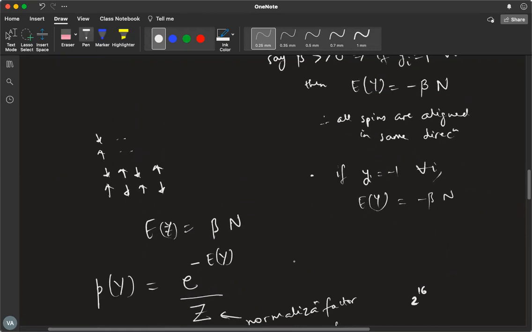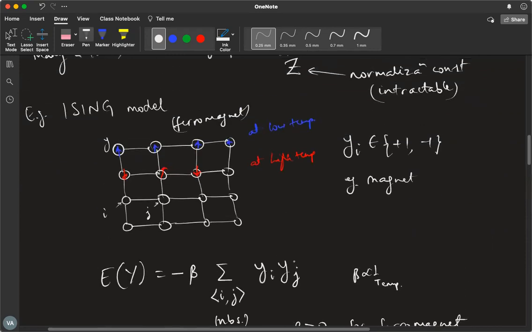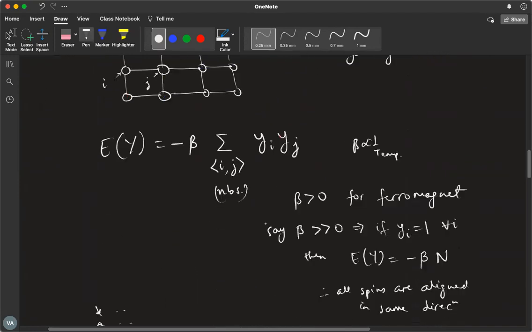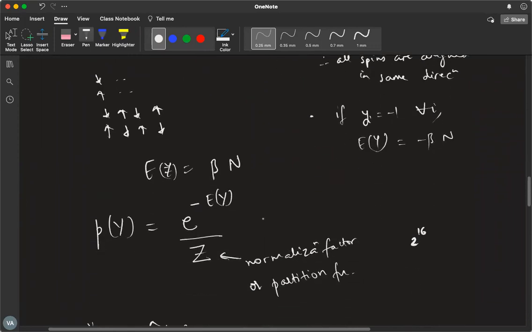Okay, now let me recap. What we discussed is the Ising model, where every lattice site is given by +1 or -1, and the joint distribution is given by a Gibbs distribution function. That probability of a state y is exponential of minus the energy of that state, or energy of that lattice.